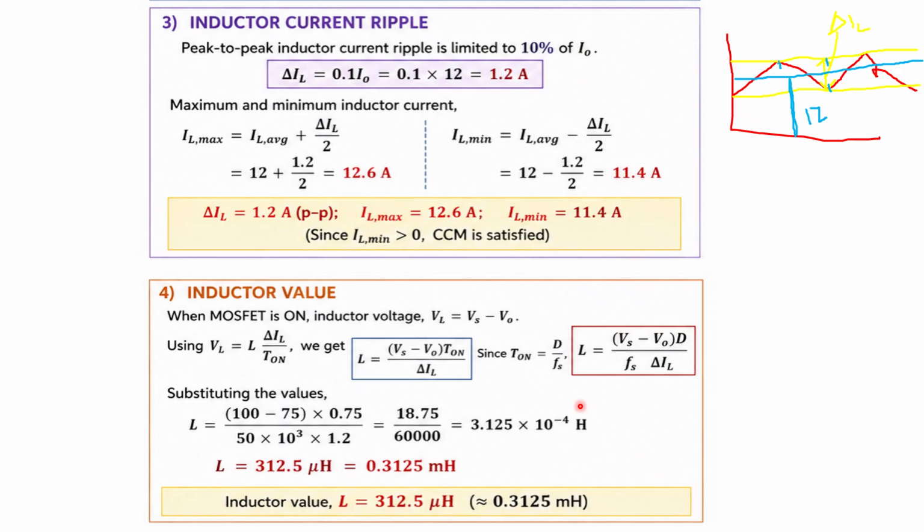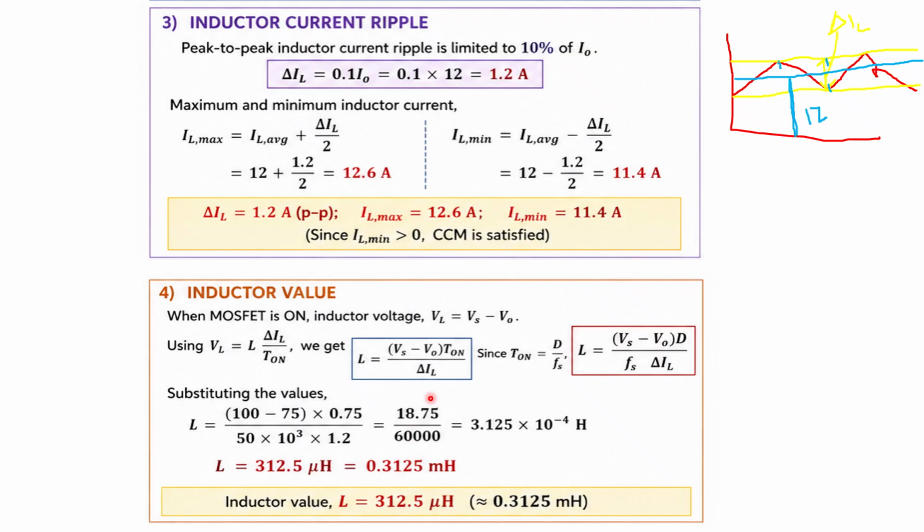So on substituting, we have all these values. What is Vs? Vs is the input voltage, which is 100 volt. V0 is the output voltage, that is 75 volt. D is 0.75, or we have already calculated T on. You can directly use T on, or you can use this formula. D is 0.75 divided by Fs, which is 50 into 10 raised to 3, 50 kilohertz, into delta IL, which we have calculated here as 1.2 amperes.